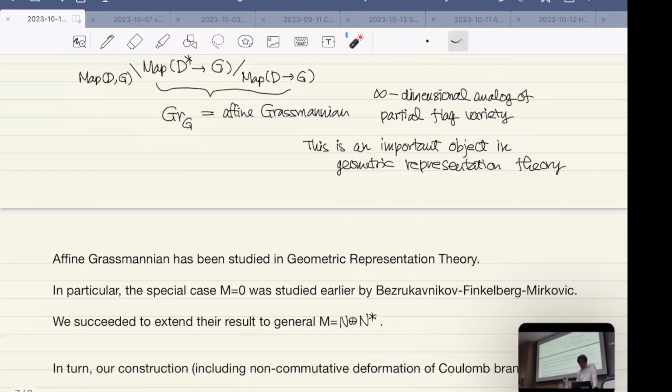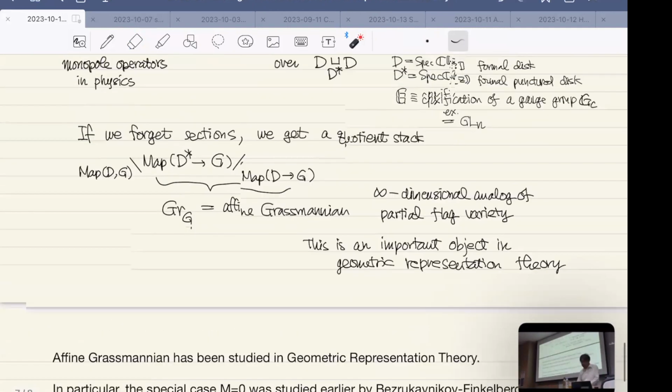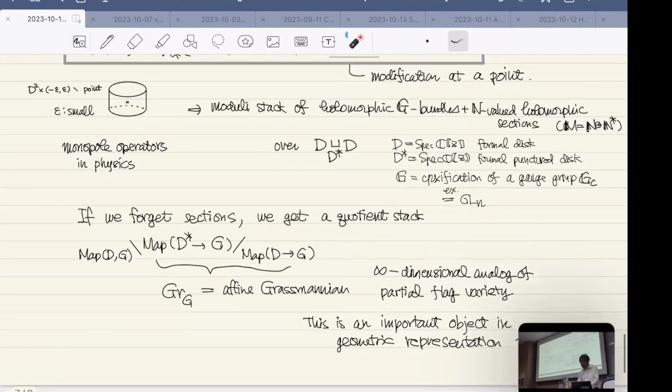In particular, consider the special case when M is equal to 0, where M means a section. We consider not only the connection, but also some sections of the associated bundle for the gauge theory, and this M corresponds to this part.